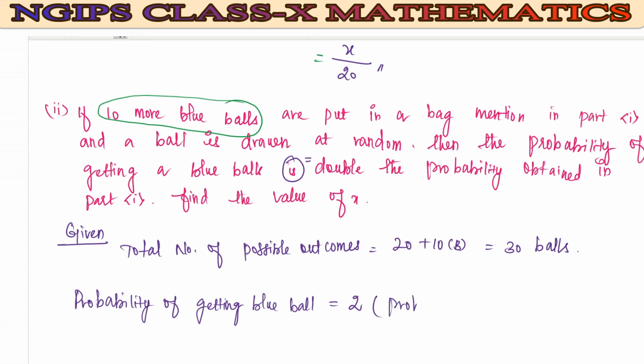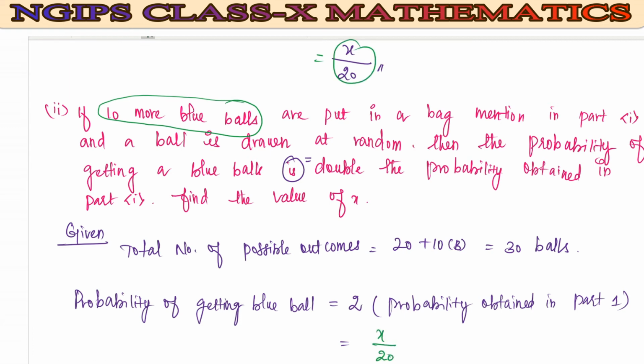The probability obtained in part 1, the value is x divided by 20.